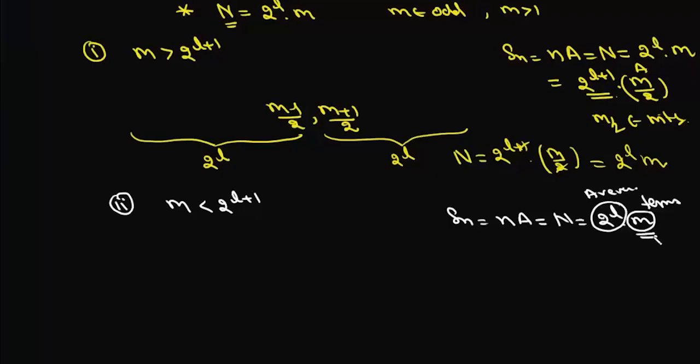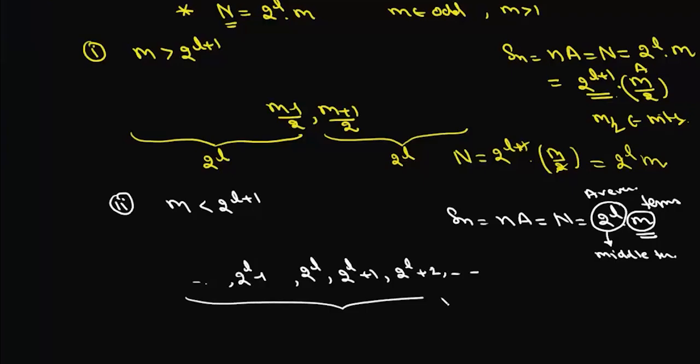Now since M is odd, it'll have a middle term. So this 2 to the power L will be our middle term. So we'll construct a series 2 to the power L, 2 to the power L plus 1, 2 to the power L plus 2, and so on, with 2 to the power L minus 1 on the other side, containing M terms. And in this case also, this N will be equal to 2 to the power L into M.